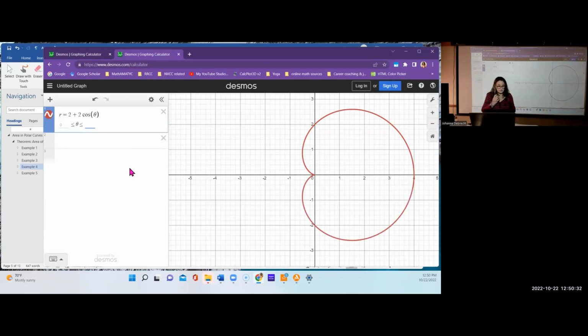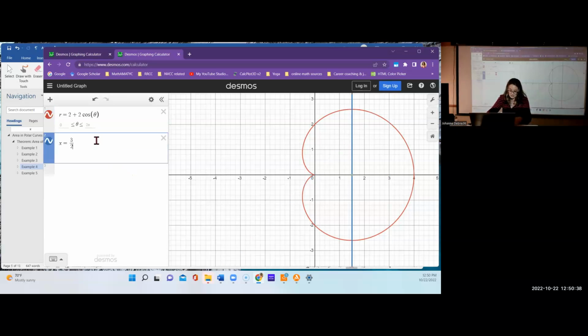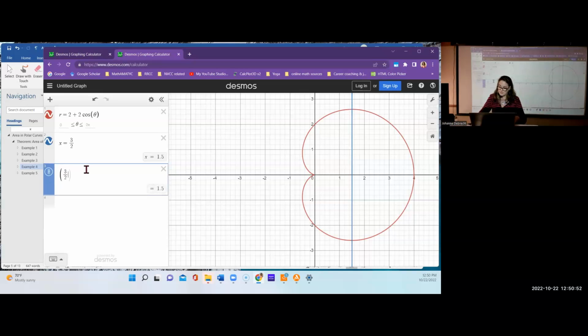So there's our graph. And now we want to graph x equals 3/2. So x equals 3 divided by 2. So now we have that line right there. And looking at this particular one, we want to plot the point where we think they intersect. And we believe they intersect at 3/2, comma, 3 square root of 3. Oops, I hit a 2.